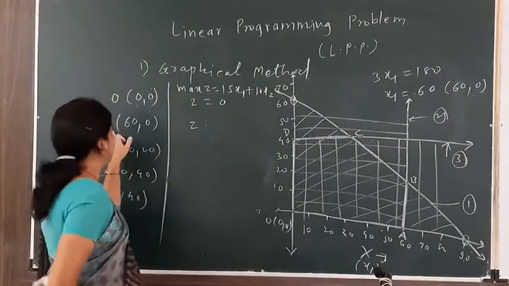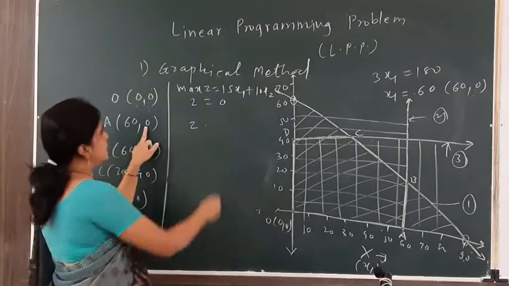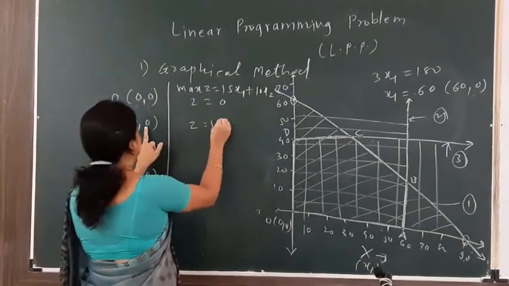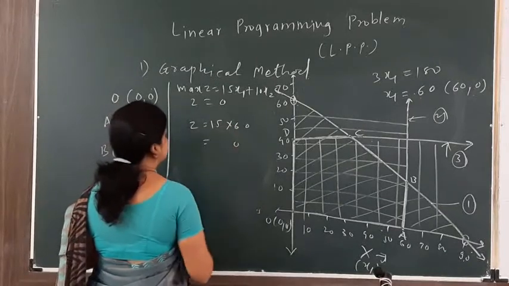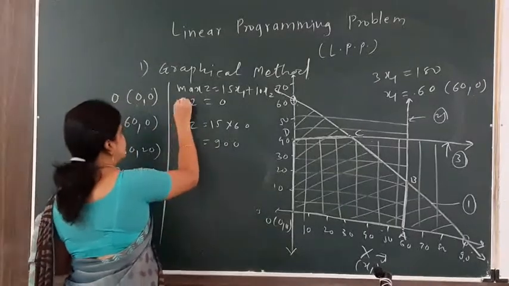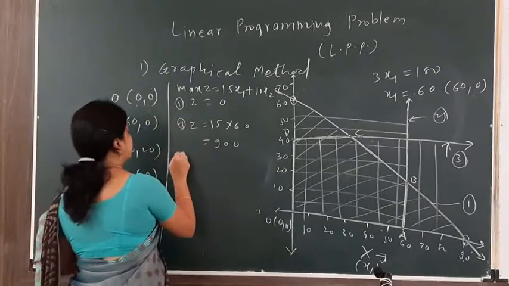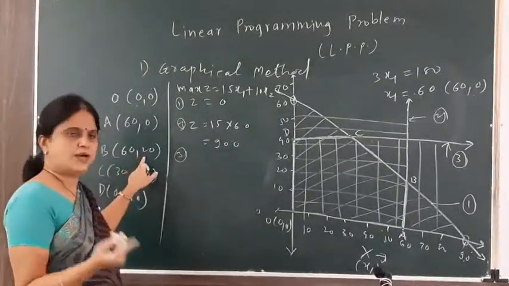If I put the value of x1 as 60 and x2 as 0, then Z is equal to 15 into 60, which is 900. This is my second value. The third value: I need to put x1 as 60 and x2 as 20.